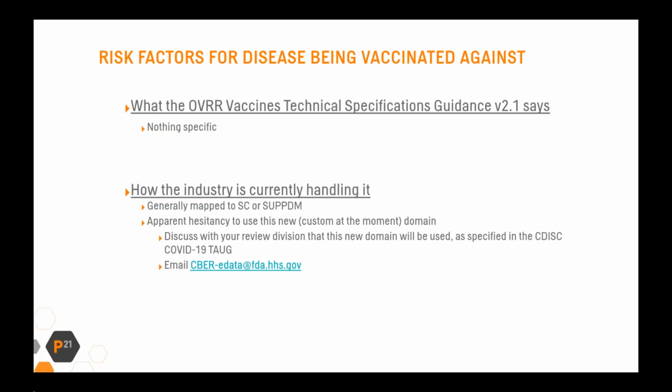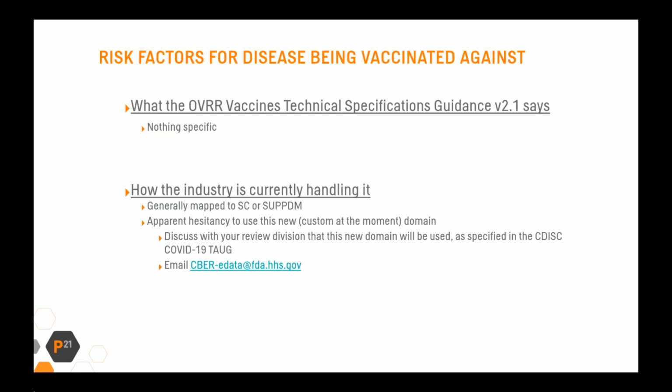And then if we look at how the industry is currently handling it, this data is generally mapped to the subject characteristics domain or the SUPPDM domain. It seems that there's some hesitancy to use this new custom domain at the moment. Not sure if that's just because this data had typically been mapped to these two domains, SC or SUPPDM, so sponsors or CROs keep mapping it to that same stuff, or if there is just hesitancy to move it to a new custom domain.